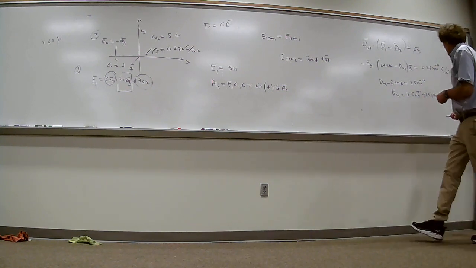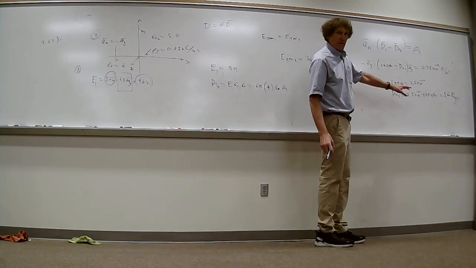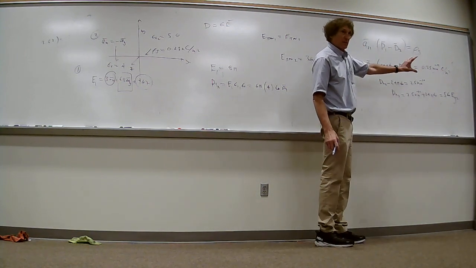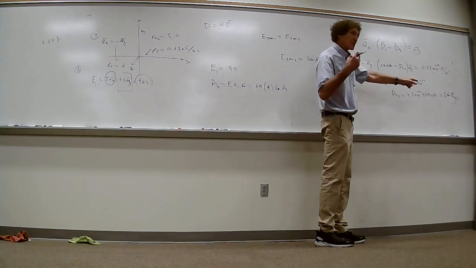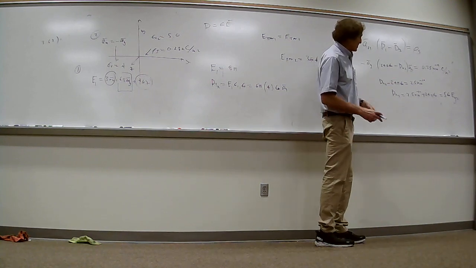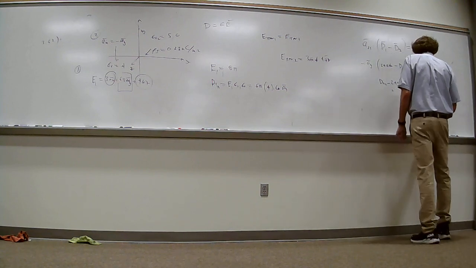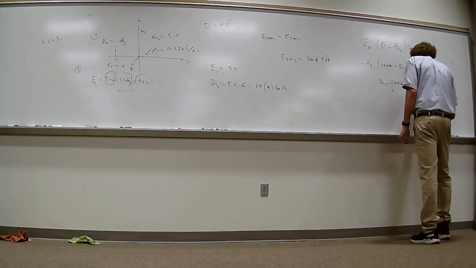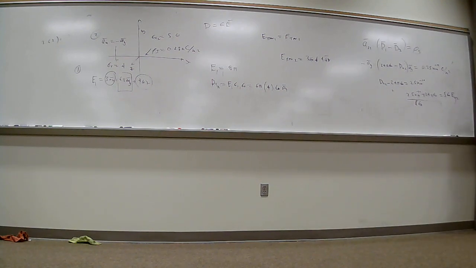I just followed the formula for beta, right? Now look what happens here. This is going to be the electric field that's perpendicular. We're going to add it to that prior field. When you do this, you divide all this by 5 epsilon naught, and you can see the epsilon naught cancels here.